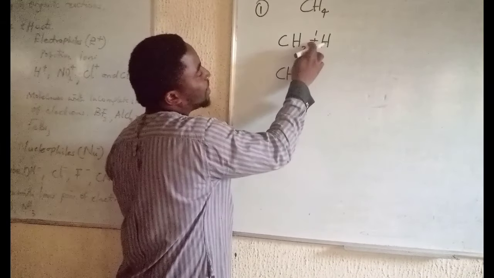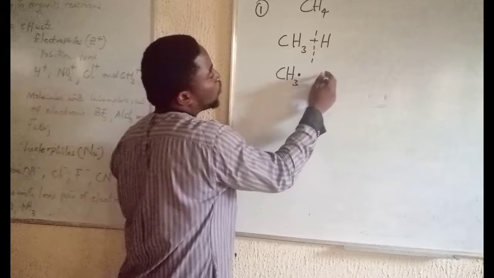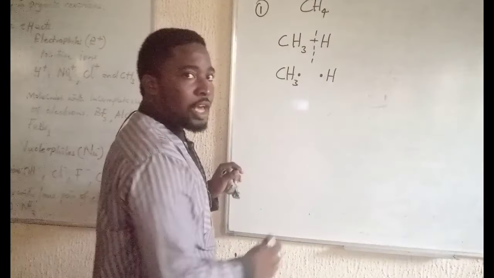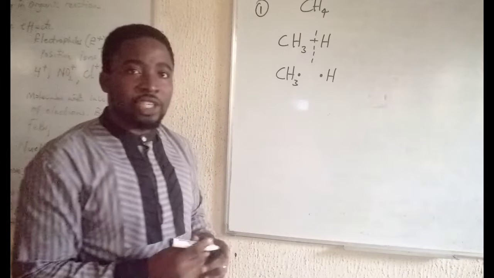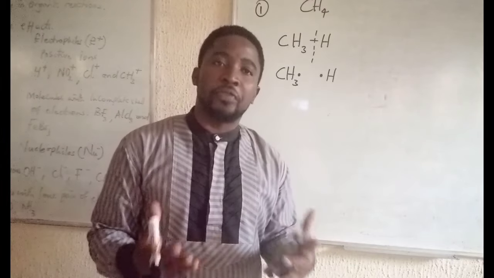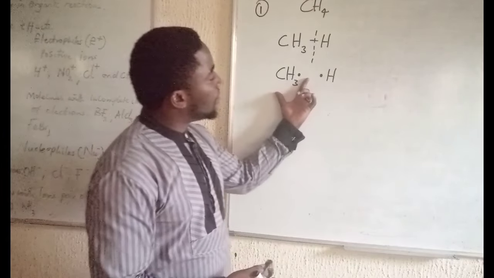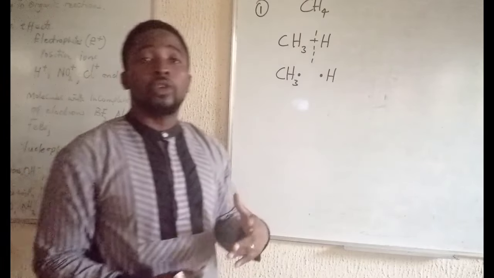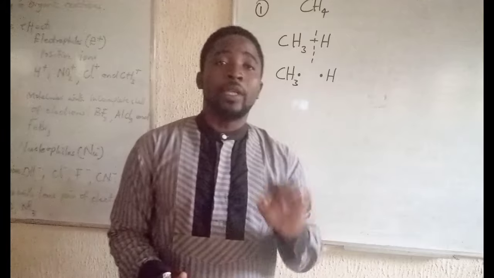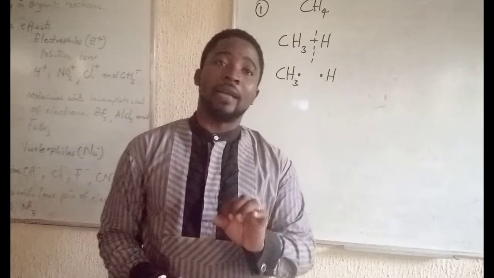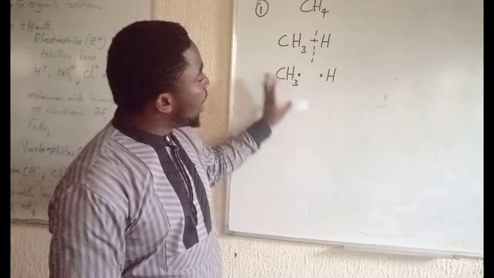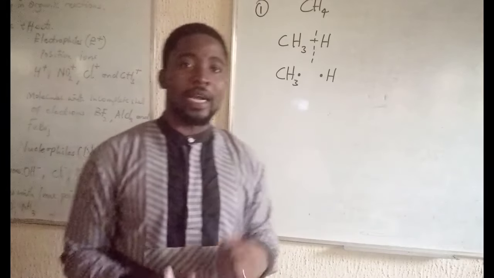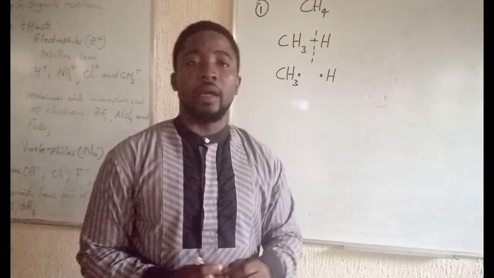the paired electrons in this bond, if they are equally shared by the participating atoms or groups, will result in the formation of what we call free radicals. So there is a methyl radical and there is a hydrogen atom. A free atom with an unpaired electron can be considered a free radical, and also a group of atoms, like the methyl group in this case, having a free electron can also be considered a free radical.